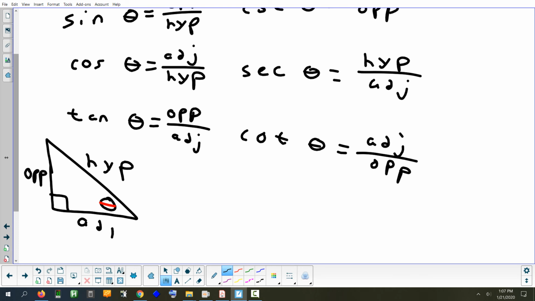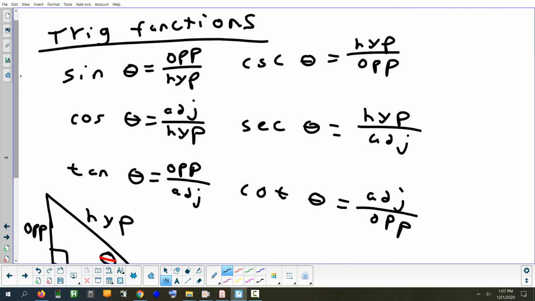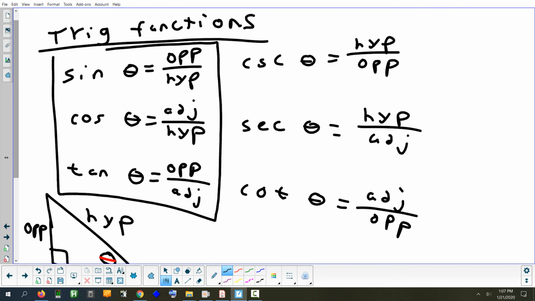Adjacent means it's right next to it. Okay? So everything is from the perspective of where you put theta, the angle that you're talking about in your problem. So where we would use those definitions, in particular these 3, is to solve a triangle.